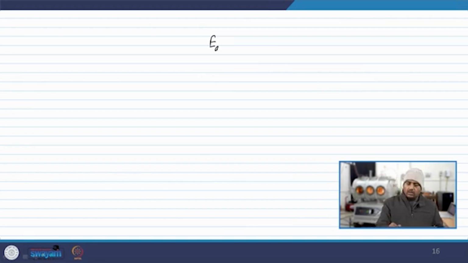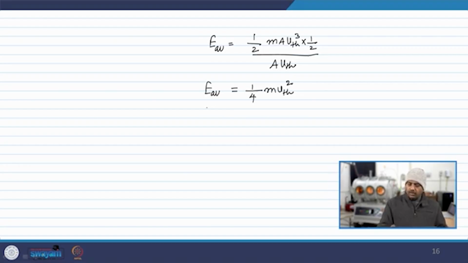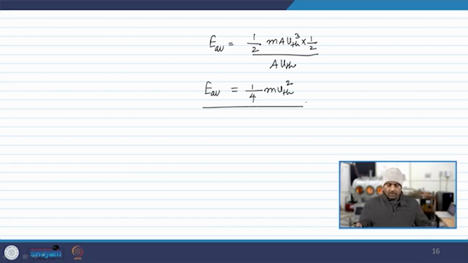Writing the remaining terms, E average is equal to half m a Vth cube into half divided by a Vth, or 1 by 4 m Vth square. What is this? It is E average. The average kinetic energy is 1 by 4th m Vth square.